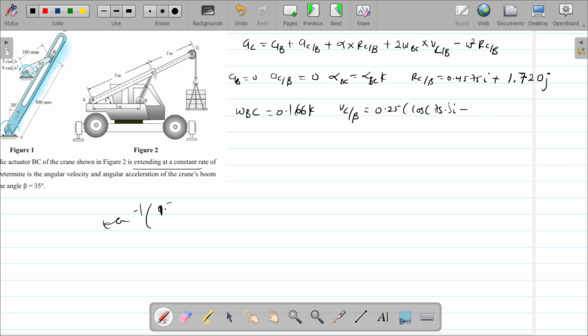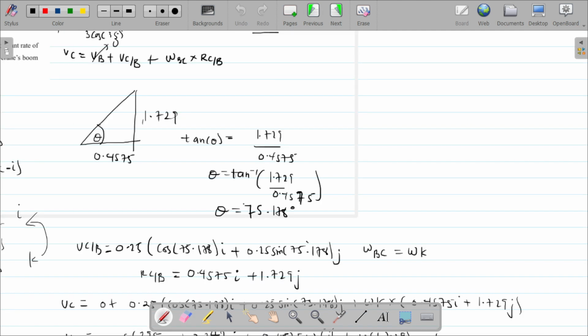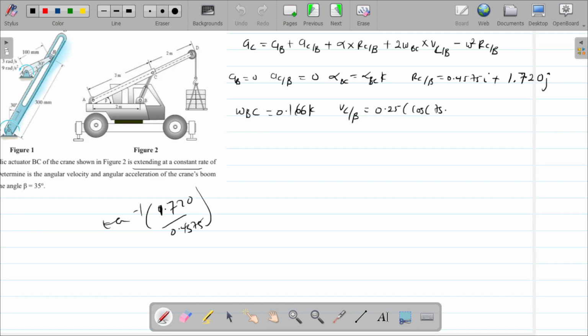So tan inverse 1.720 out of 0.4575. All right, so that is 75.1. Let me see what angle we had earlier. 75.179. Yeah, so that's a little different. So this one is going to be called 75.1 I plus sine 75.1 J.